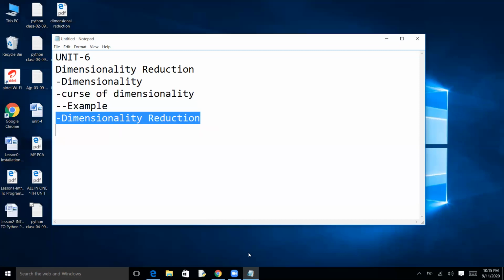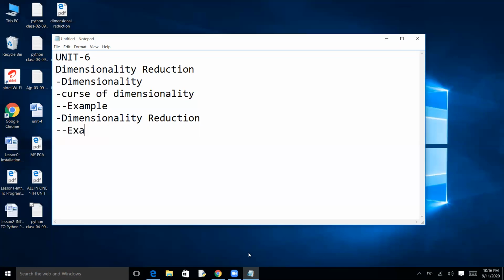To understand dimensionality reduction, we will see an example.